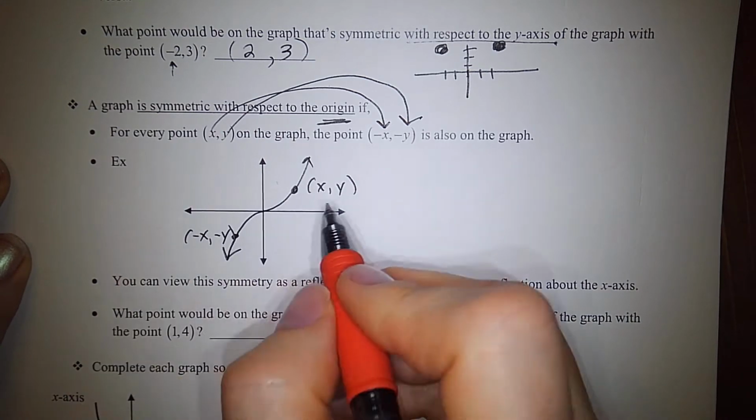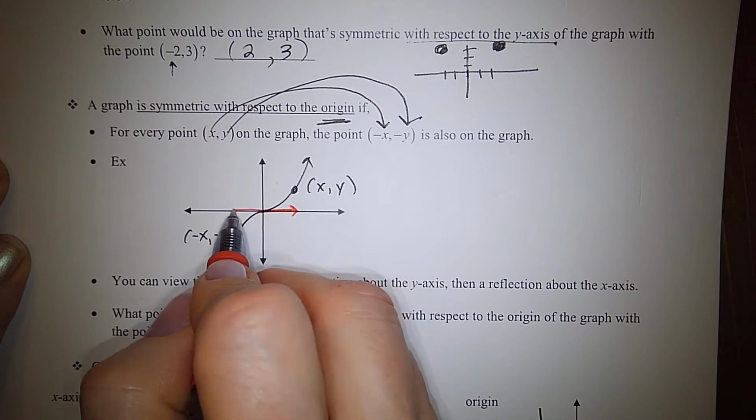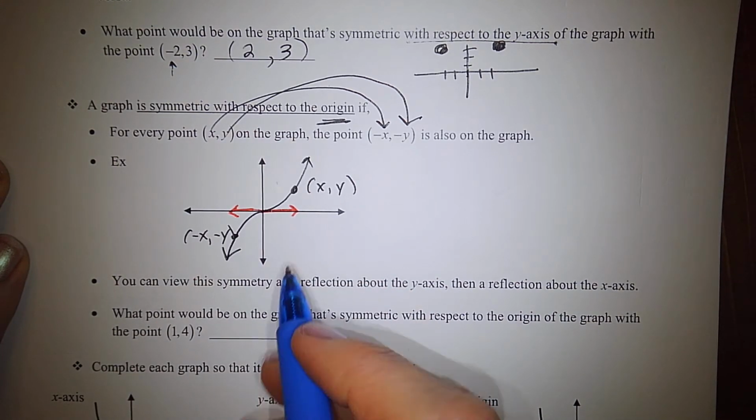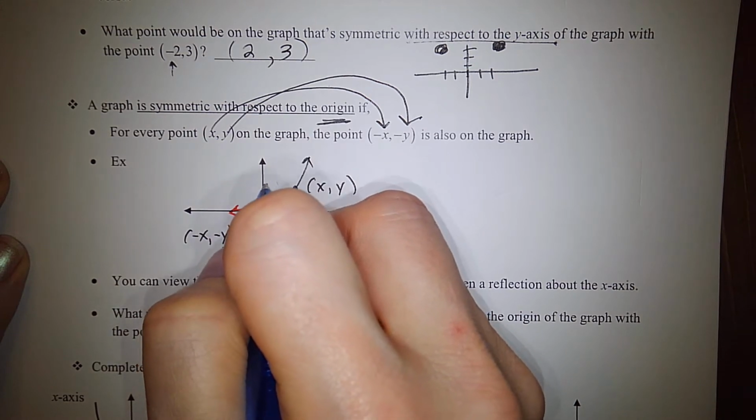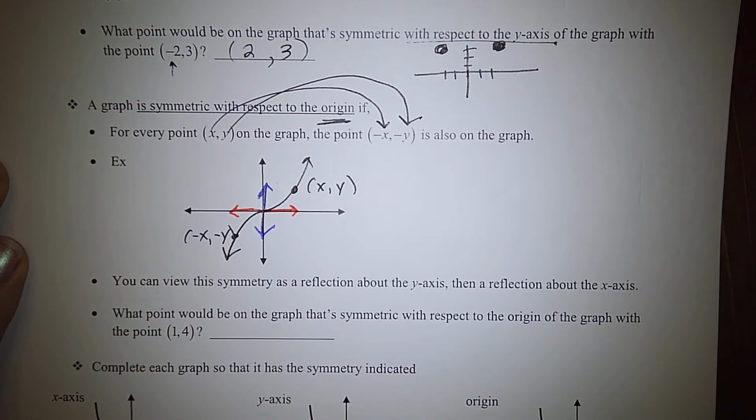See how this point x is x distance away? Well, this point is negative x distance away. This point is y above the x-axis. Well, this point is y below the x-axis. So you can see that this has symmetry about the origin.